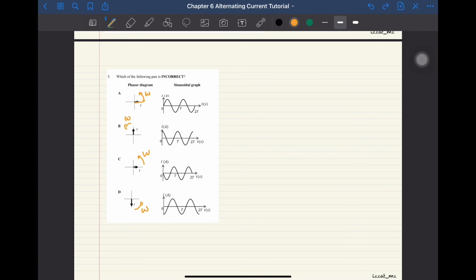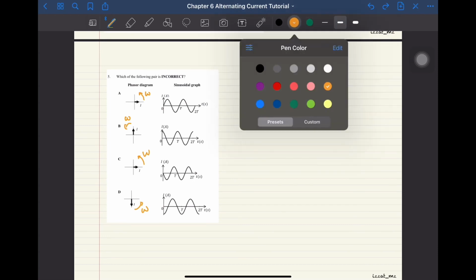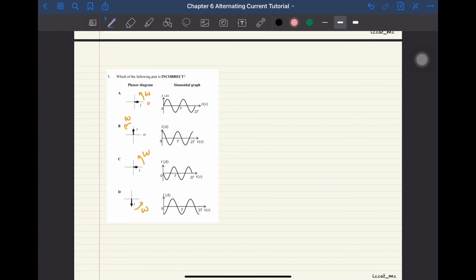Maybe I can label it over here as 0. So the magnitude is 0 over there. So it starts from 0, then goes to positive 1, goes back to 0, and then goes to negative 1. So the idea is like that. This one is positive, this one is negative 1, this one is 0 again. The same applies for the remaining phasor diagrams. So it will be 0, 1, 0, negative 1.